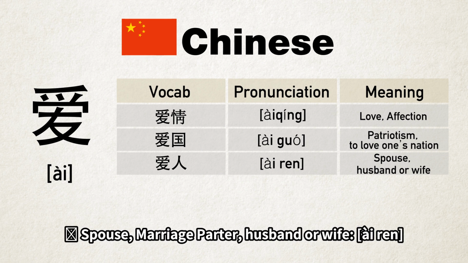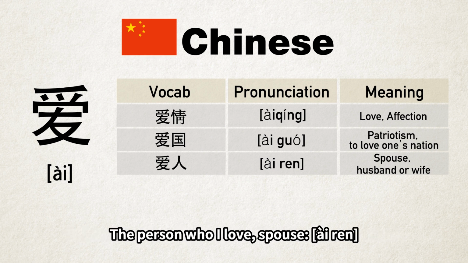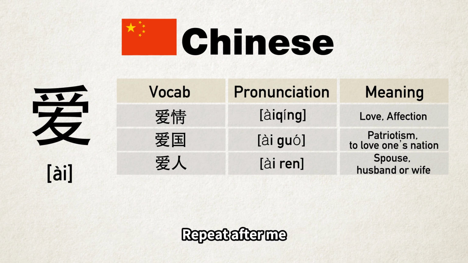Spouse, marriage partner, husband or wife. 爱人. 爱 implies love. 人 implies human or person. The person who I love. Spouse. 爱人. Repeat after me. 爱情, 爱国, 爱人.